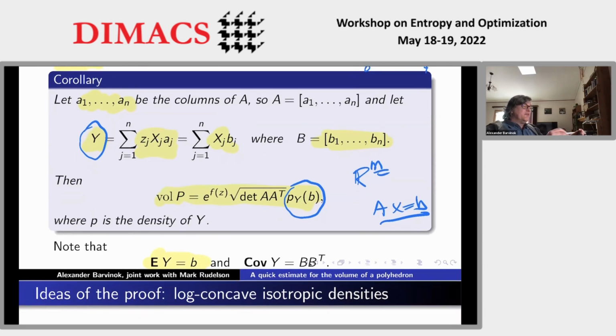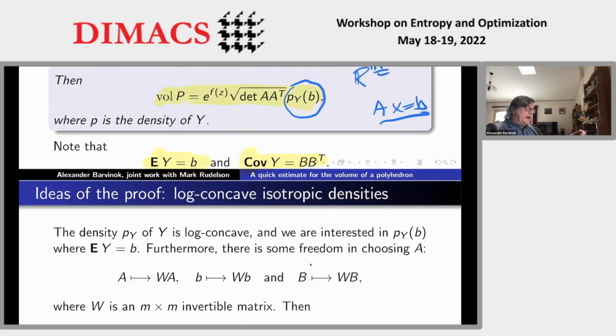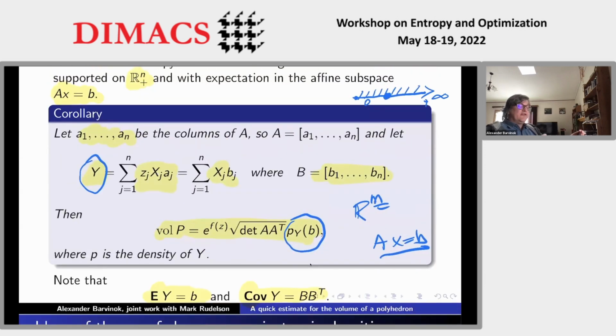Second, the covariance matrix of that random variable is that very same matrix that comes into play in the formula, B times B transpose. That's all very easy to check, of course. And the punchline is that this density is log-concave, because it's the density of the sum of independent log-concave random variables.